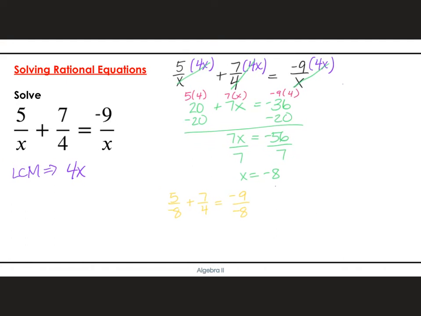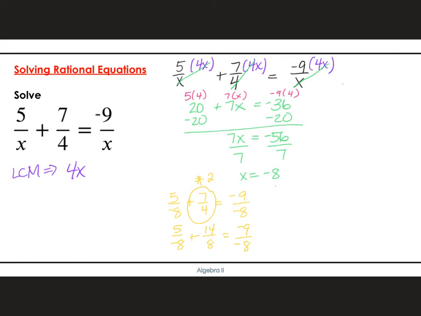Okay, and so then I'm going to have 5 over negative 8, and I'm going to multiply all of this by 2. So that's going to give me plus 14 over 8 is equal to negative 9 over negative 8.